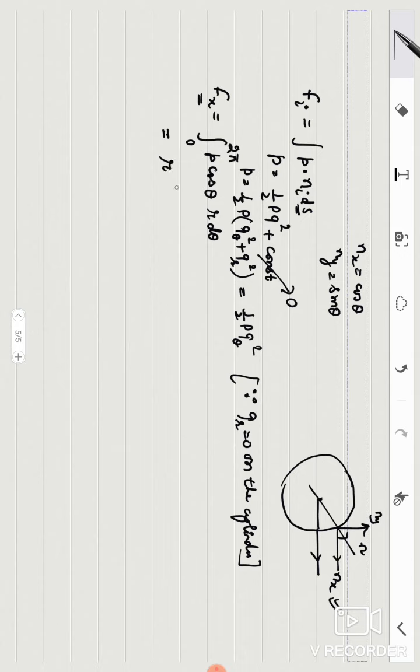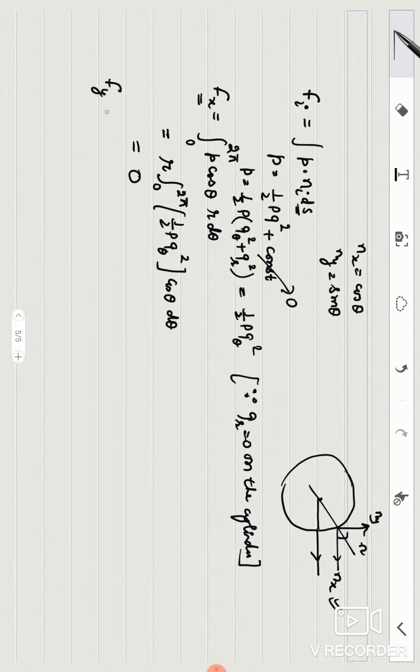Now r may be taken outside. In place of P you may take half rho q theta squared, cos theta d theta. You put the value of q theta, which I have calculated earlier, and solving you will get its value to be 0.